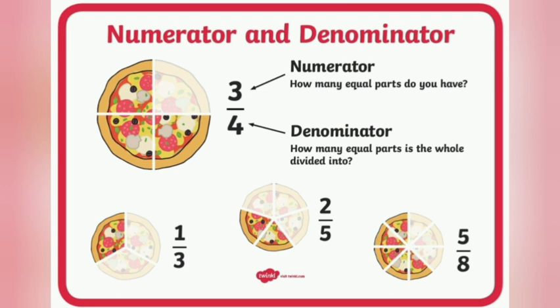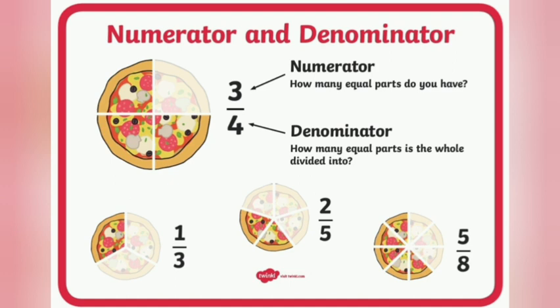Then you can see here the number that is written below the line is the number of equal parts initially, or the number of equal parts the whole is divided into. It is called by the special name denominator. Okay, denominator. We read this as denominator.